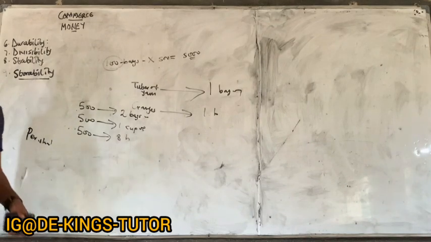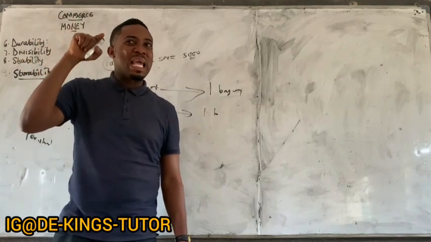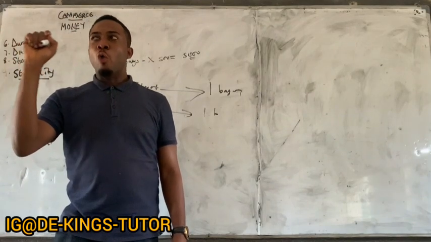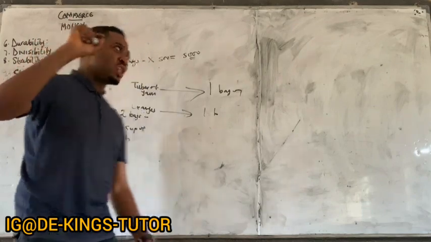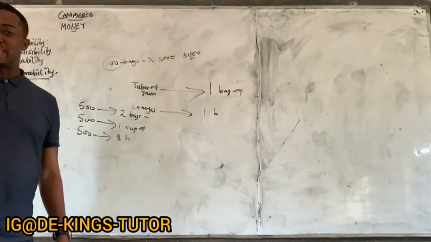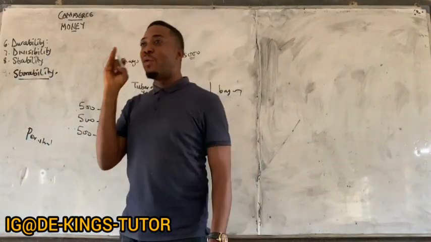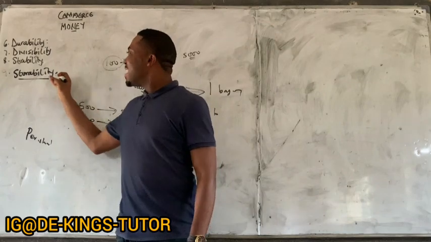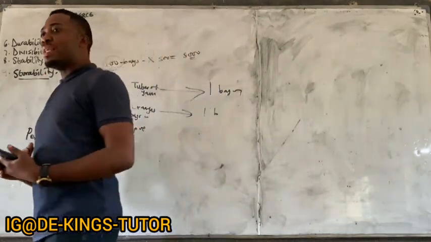They will tell you, one of the qualities of money that is affected by inflation is dash. It is this quality, storability. Please, write it down so you don't forget. One of the qualities of money that is affected by inflation is storability. And I'll explain how it affects.